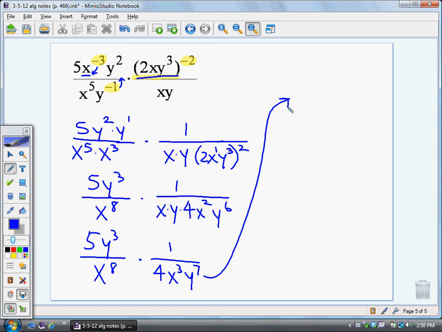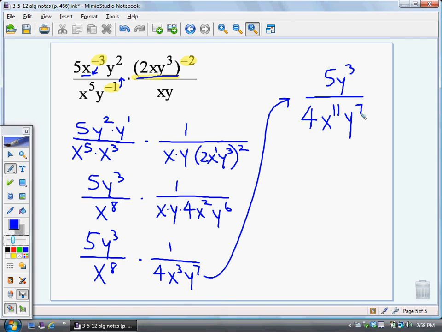And now it's time to simplify everything. If I multiply across, I would have 5y to the 3rd, and then x to the 8th, the 4, and I would have x to the 8th times x to the 3rd would be x to the 11th, y to the 7th.